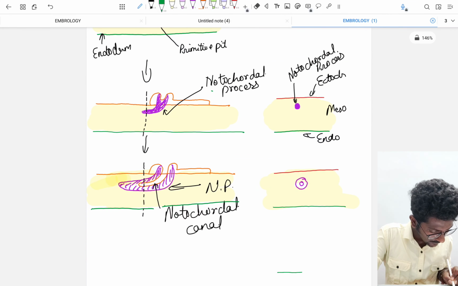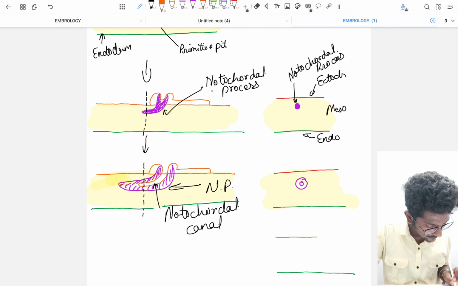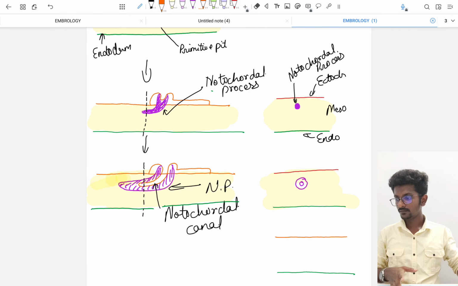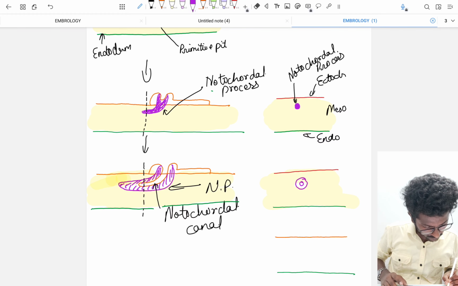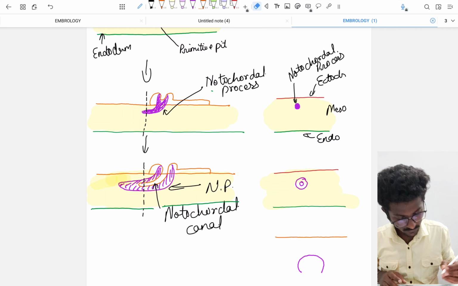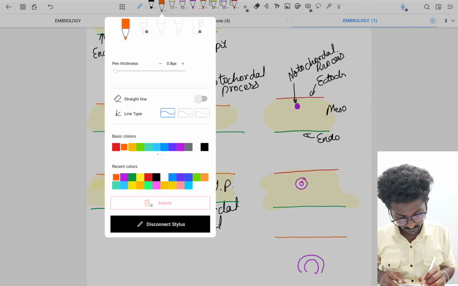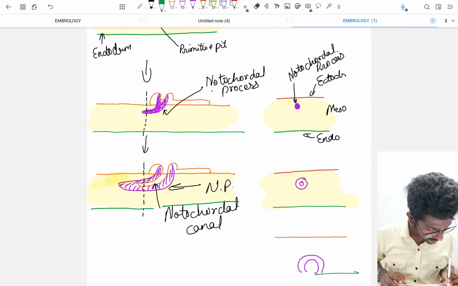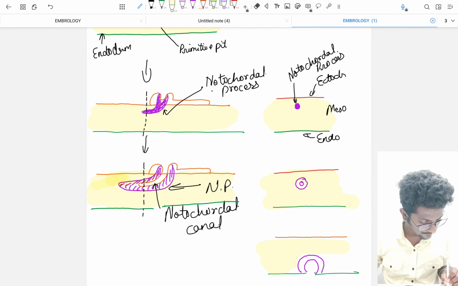So this is the endoderm. Then we have this, and in this part we have the, and in the surrounding we have this mesoderm.